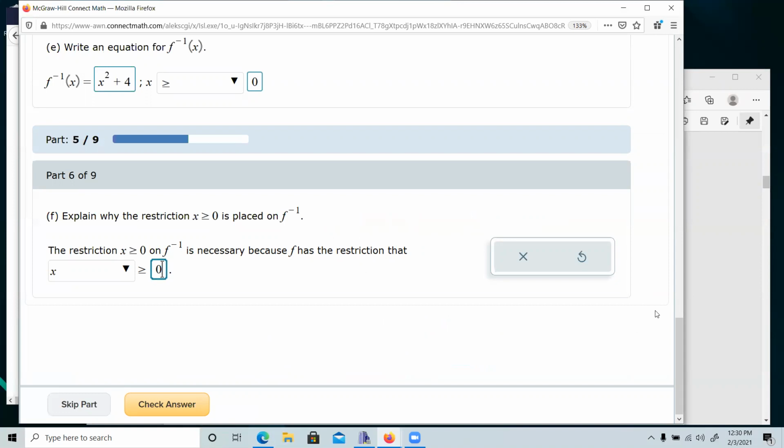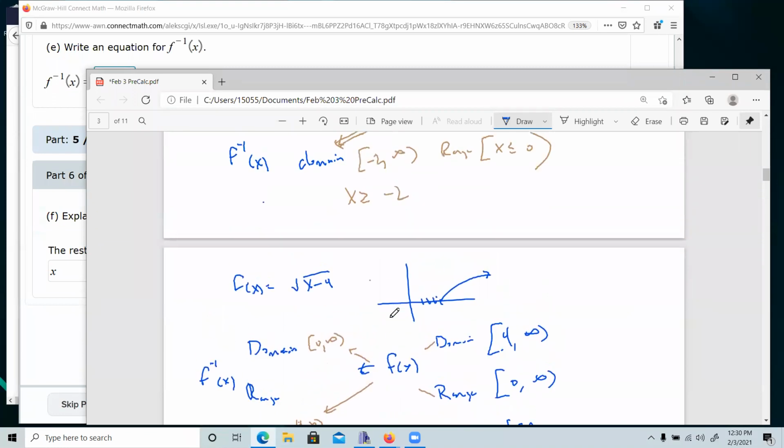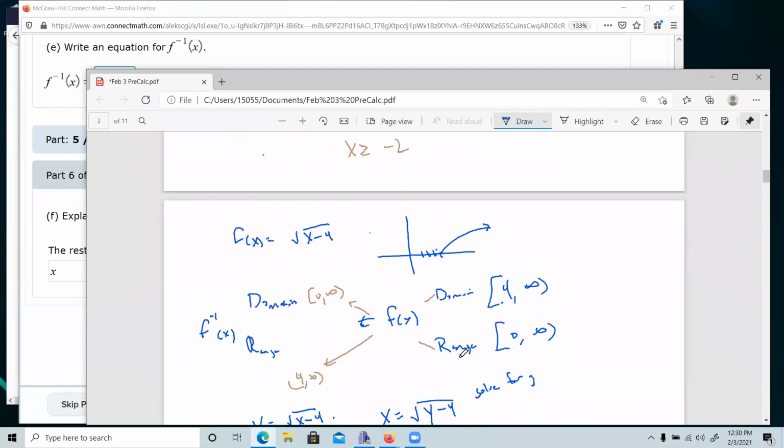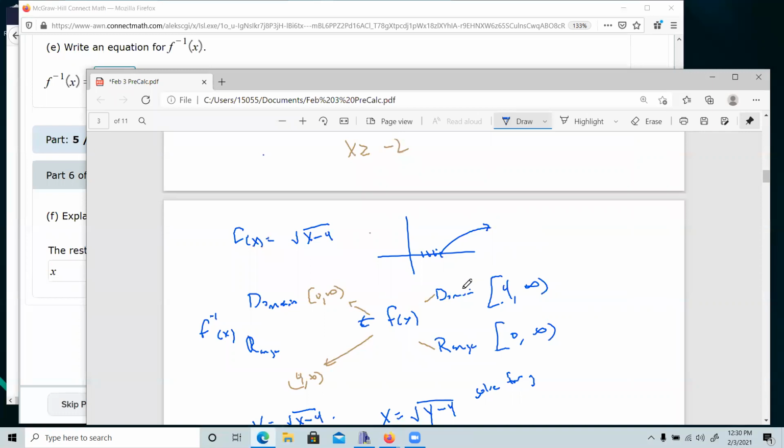Oh, because f has a restriction that. So let's go back to f. Sorry. f has the restriction that x has to be greater than 4.